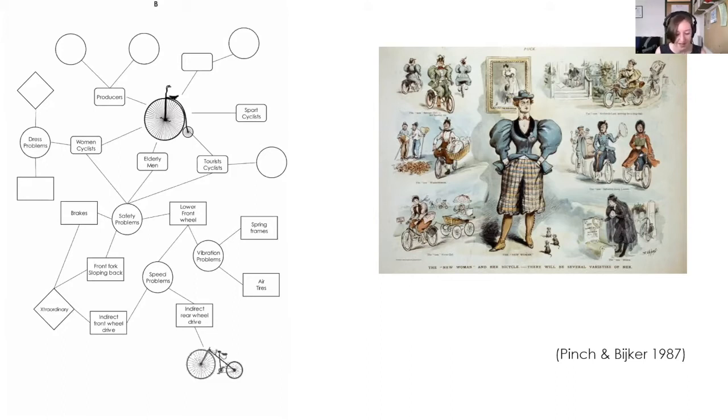Daring men wanting to ride high wheelers very fast had very different problems and expectations to women who were socially required to wear skirts and so unable to ride similarly high-wheeled bicycles, but still wanted to ride some sort of bicycle. Those tensions shaped the forms of the bicycle, and the negotiation shaped it.